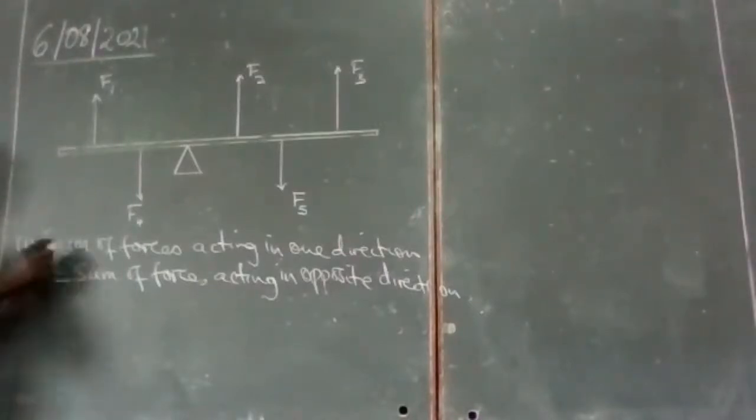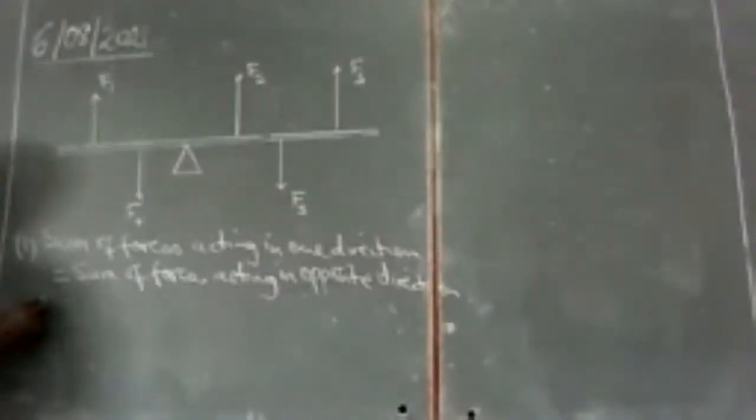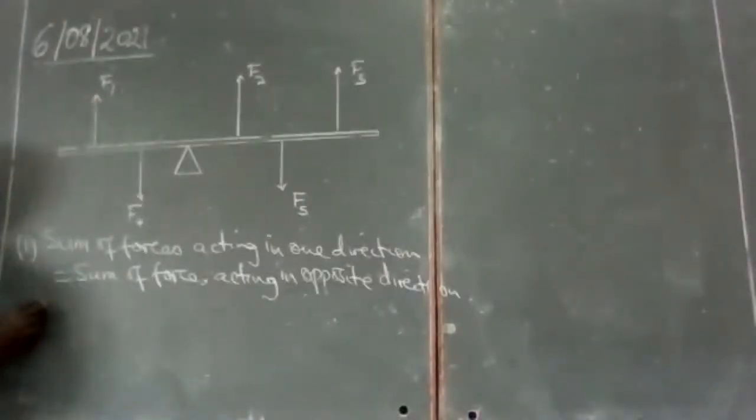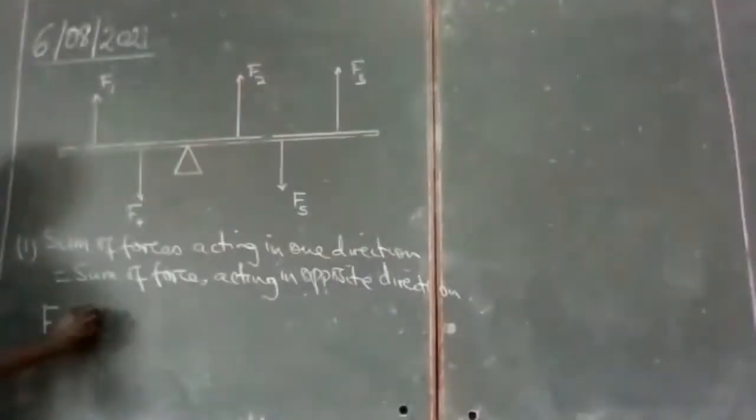So can you tell me what does it mean? F1 plus F2 plus F3 is equal to F4 plus F5.